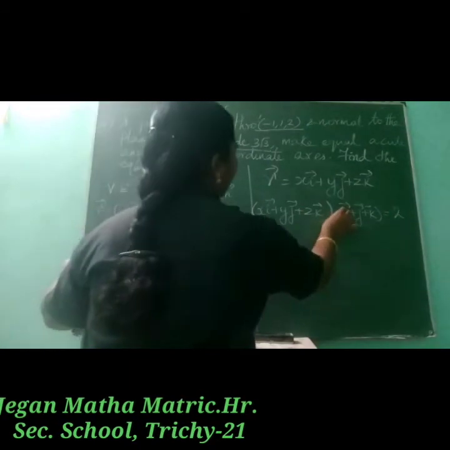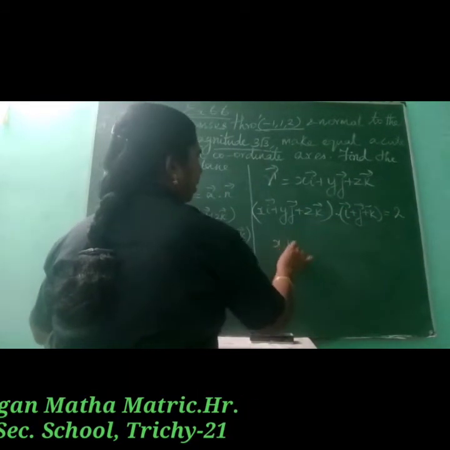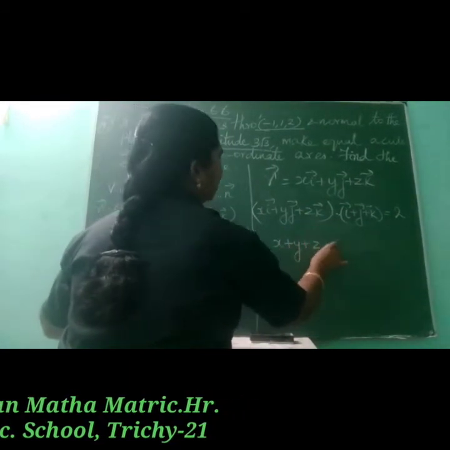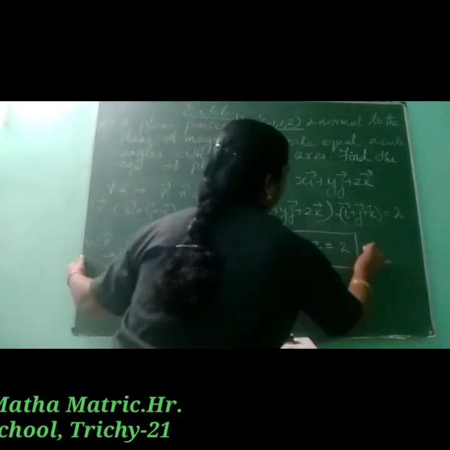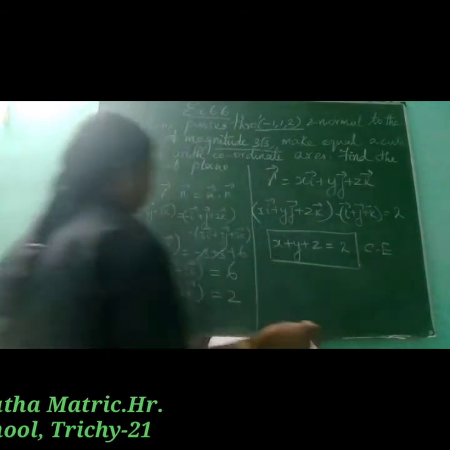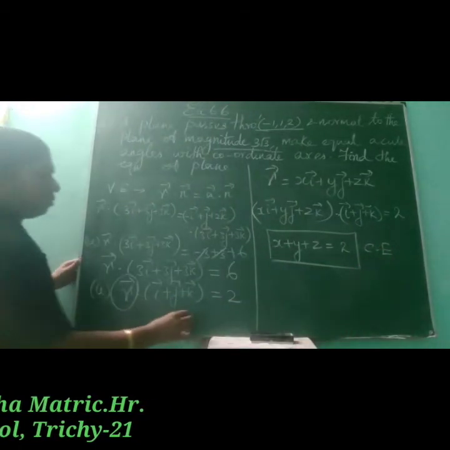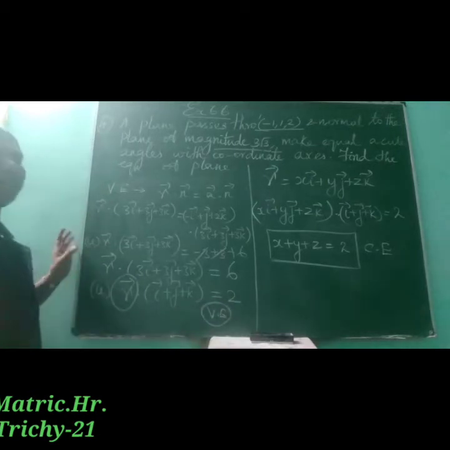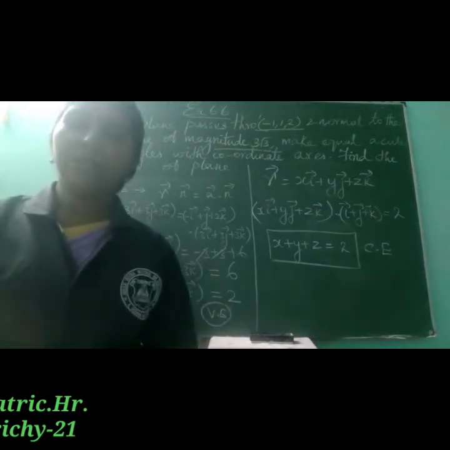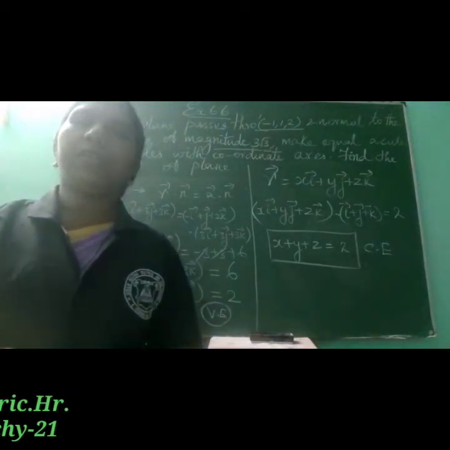When you find the dot product, x plus y plus z equals 2. This is the required Cartesian equation of the plane. The first one, what we found, is the vector equation of the plane. Like this, we can find the vector and Cartesian equation.